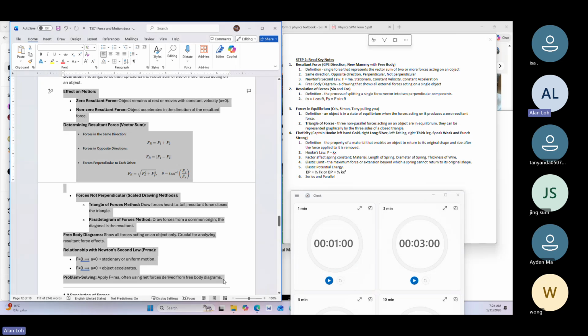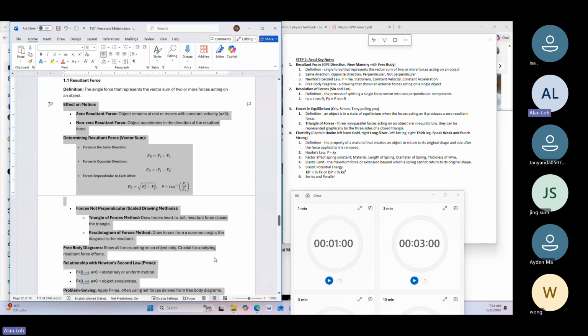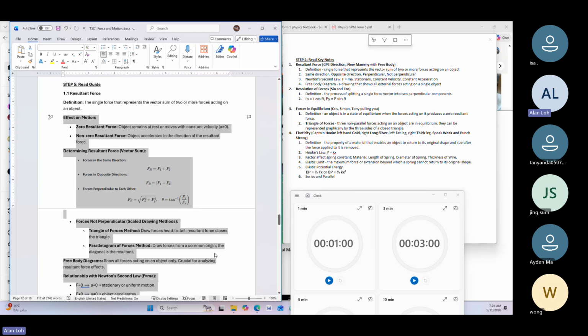Okay, before we go faster, let me set the right understanding of the right techniques. How do you work on step number 5?